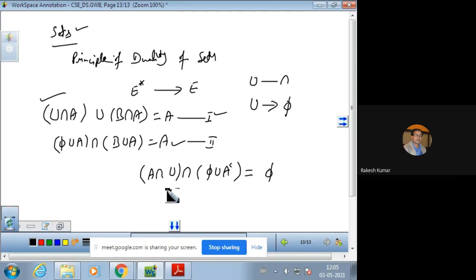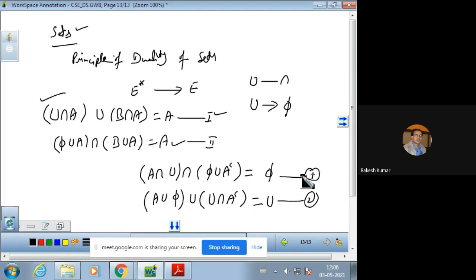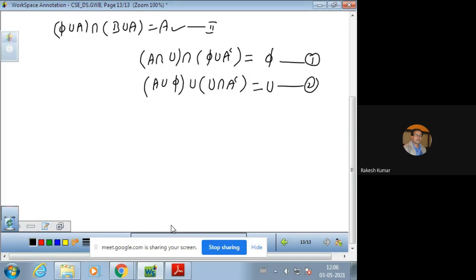And its dual will be, the required dual is (A union phi) union (universal intersection A complement) should be equal to universal. Here intersection will be changed to union, and universal will be changed to phi, intersection will be changed to union, and phi will be changed to universal, union will be changed to intersection. So equation number 2 is the dual of equation number 1. So this is the basic meaning of a duality.